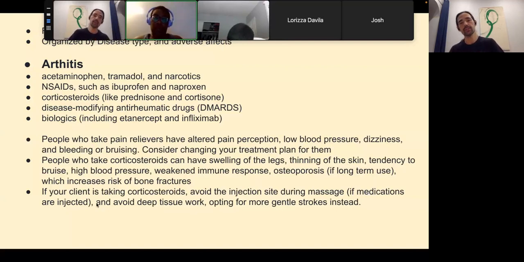If they're taking the medications through injection, like if they're getting steroid injections, don't work over the site of the injection, because the injection site is a little more prone to weakening of the tissues, including the bones in that area. You may have heard that doctors will not give more than X number of corticosteroid injections in one specific place or in someone's whole life.